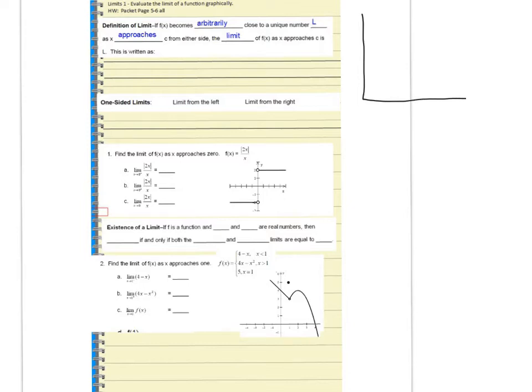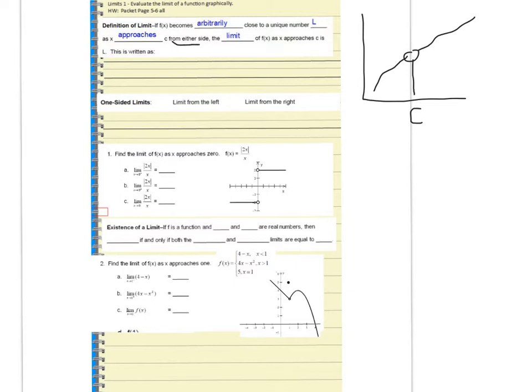So, I've got a function. I'm approaching c. Our c is our x value, the value that we're approaching on the x-axis. And it says, as we're approaching c from either side.